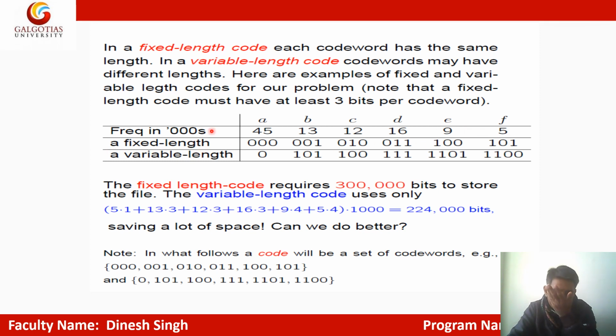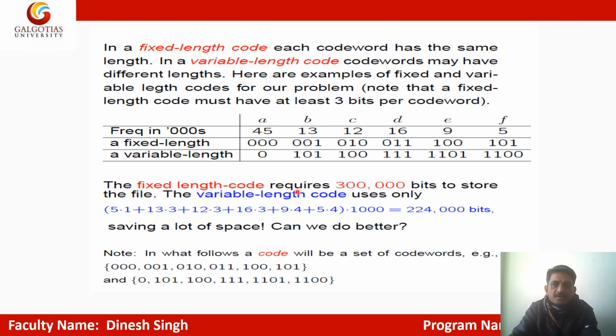In the fixed length code we are having 3 bits for each character, that is 000, 001, 010, 011, 100 and 101. In the variable length code, you can see the character with the maximum frequency has been given the minimum length, that is 1 bit only, here 3 bits, here 3 bits, and the character with the minimum frequency is given the largest length, that is 4 bits, 1100 and 1101.